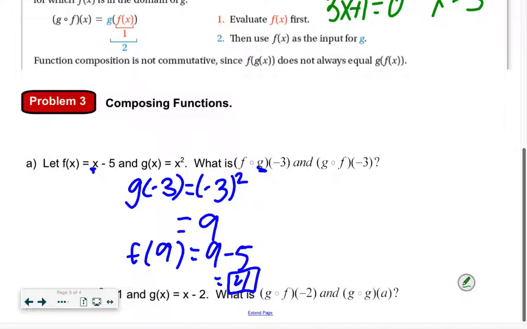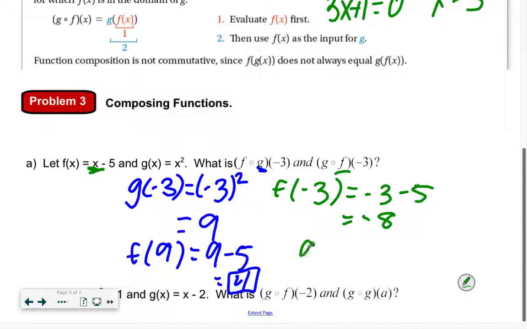Okay. If you do it the reverse way, g of f of negative 3, what function should I start with? F. So I'm going to take my f of negative 3, and what should I plug in for x? Negative 3. So I have negative 3 minus 5, which is negative 8. Now what do I do with that negative 8?